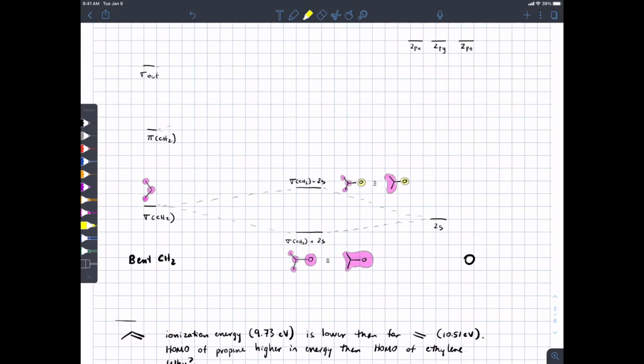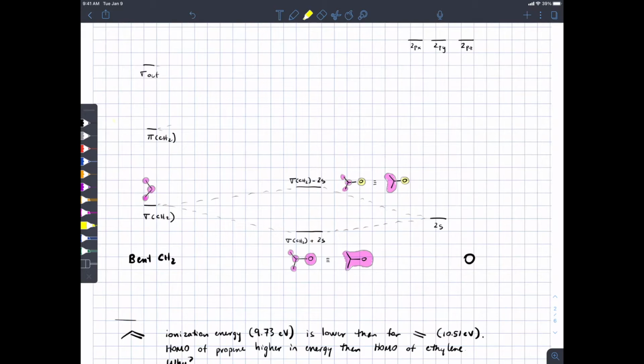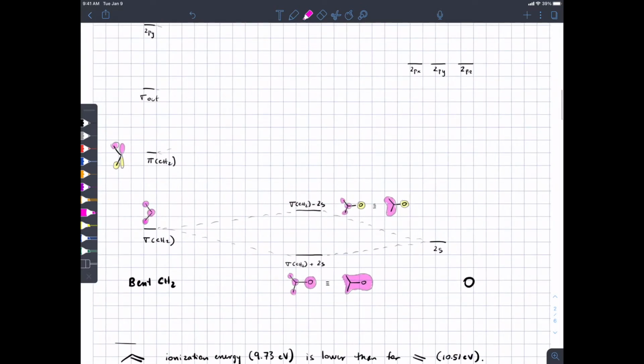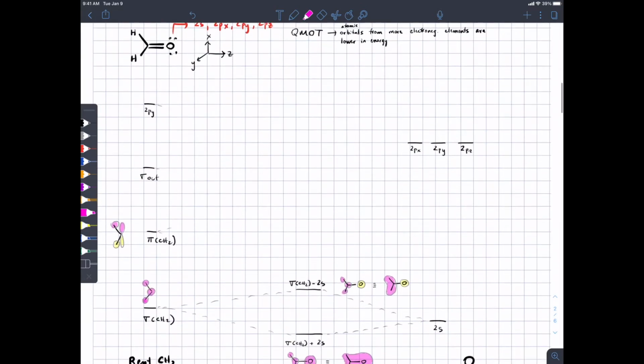Now, the pi CH2, which I'll just redraw here, is in the plane of the page and looks like this. In order for it to overlap with one of the p orbitals, which one would it overlap with?